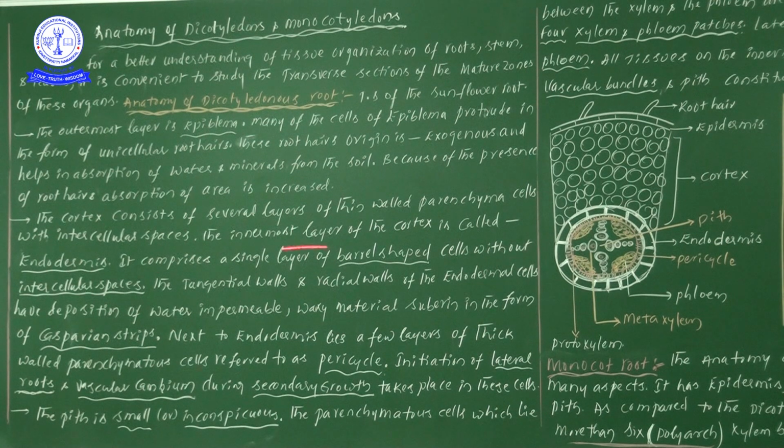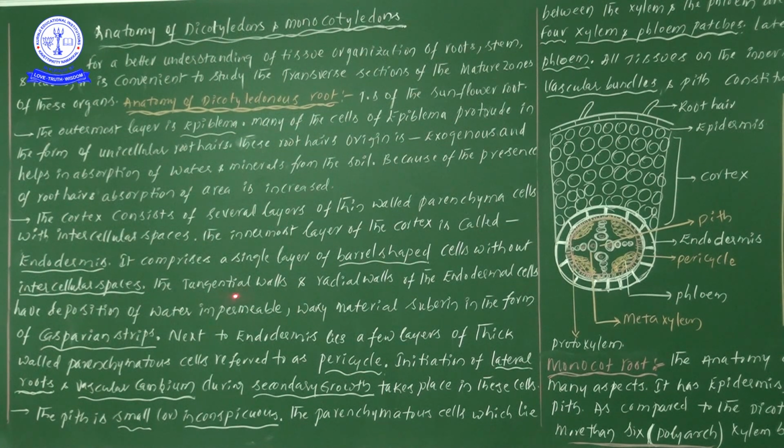So in endodermis there are single layered barrel shaped cells without any intercellular spaces. This endodermis is a part of the cortex, but it does not possess intercellular spaces.